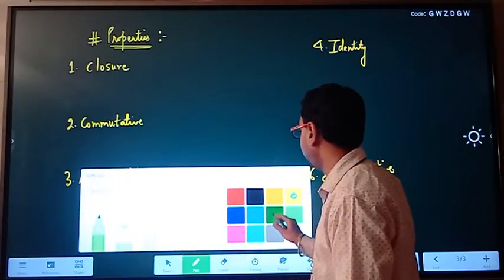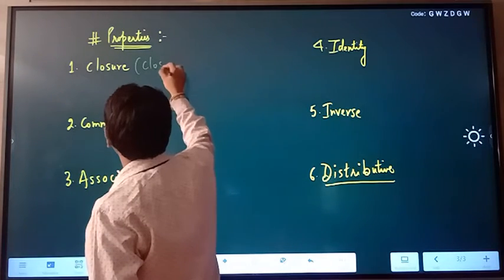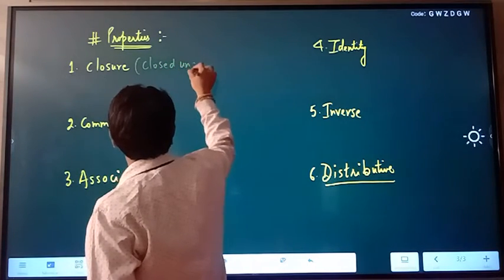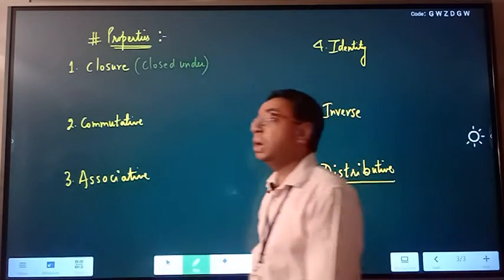Closure property, very well known. Closed under, that we know very well. It means that multiplication of any number of integers will always give you an integer.